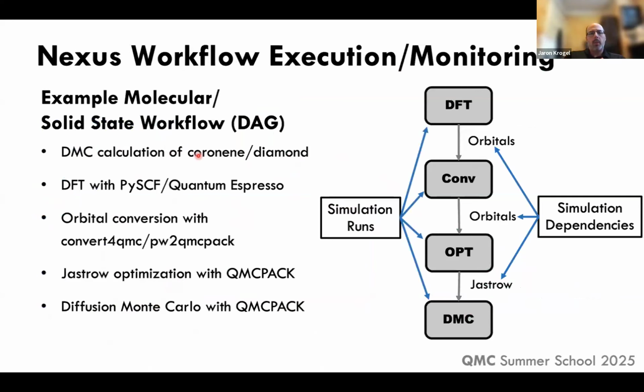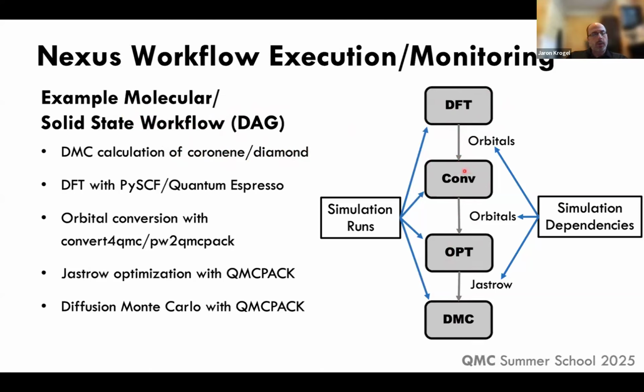Okay, so what about the workflow execution and monitoring with NEXUS? So what are workflows exactly? Well, here's a very simple molecular or solid state workflow that you might do in QMC. For example, maybe you're calculating the total energy of coronene or diamond. You'll start with a DFT calculation with PySCF or Quantum ESPRESSO.